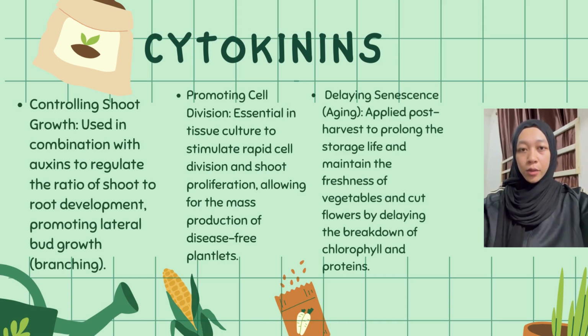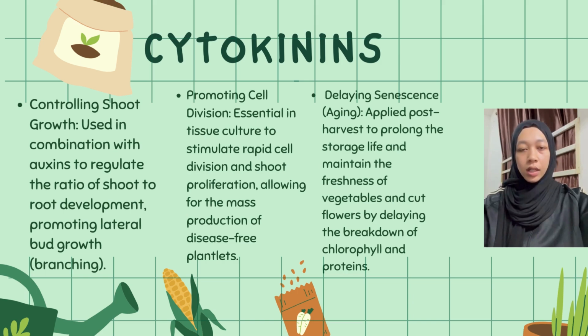Application of phytohormones: cytokinins. First, controlling shoot growth. Used in combination with auxins to regulate the ratio of shoot to root development, promoting lateral bud growth and branching. Second, promoting cell division.